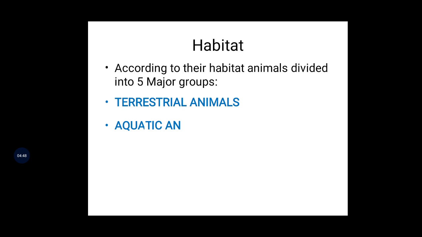First one is terrestrial animals. Next one is aquatic animals. Third one is amphibians. Amphibians are also one of the groups of animals.